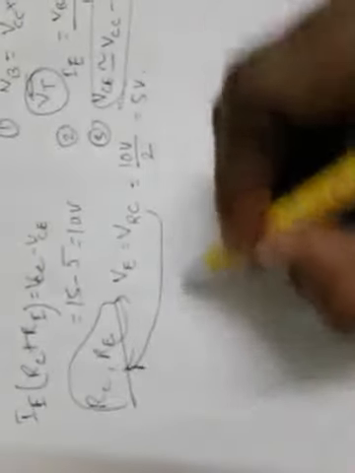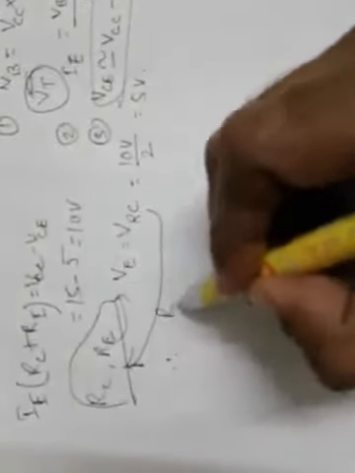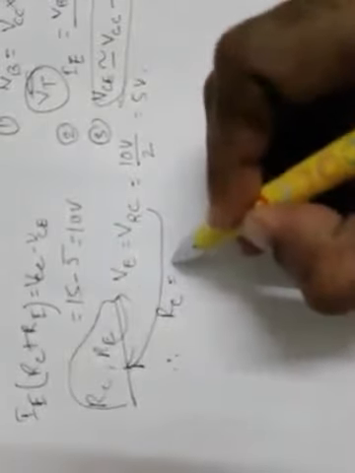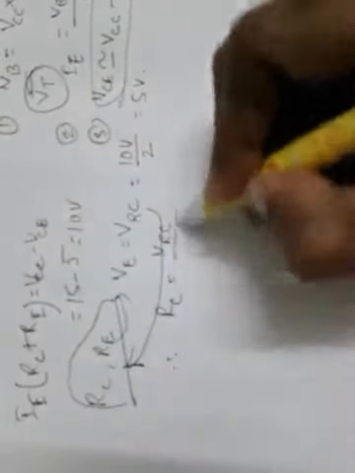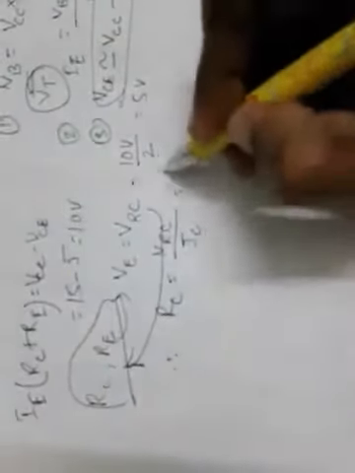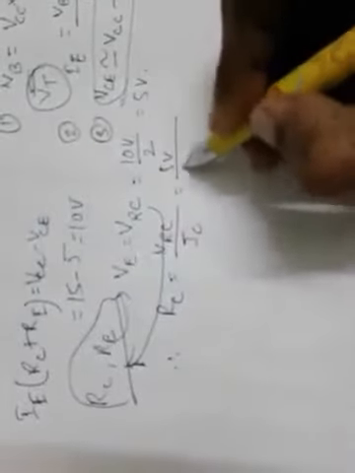Therefore we may find the value of RC as VRC divided by IC. IC is given as 5 milliampere, so 5 volt divided by 5 milliampere is 1 kilo ohm. This is one result of the design.